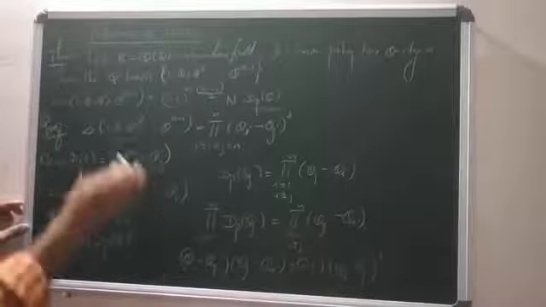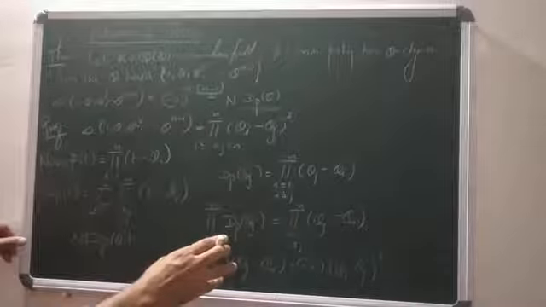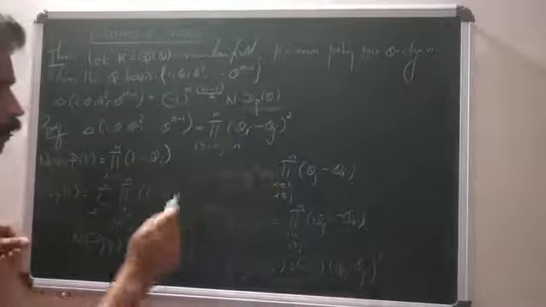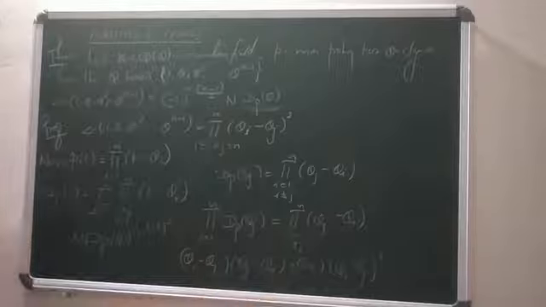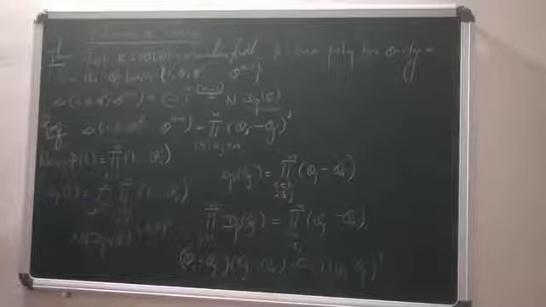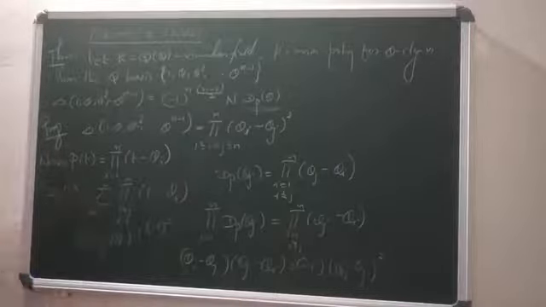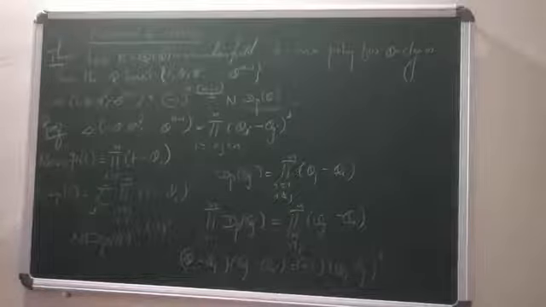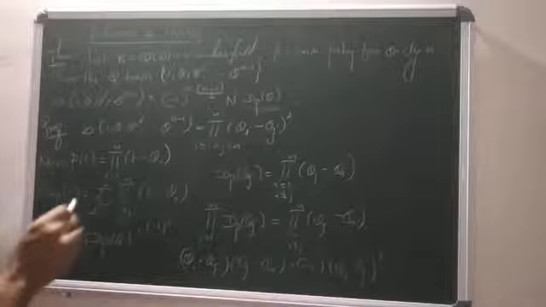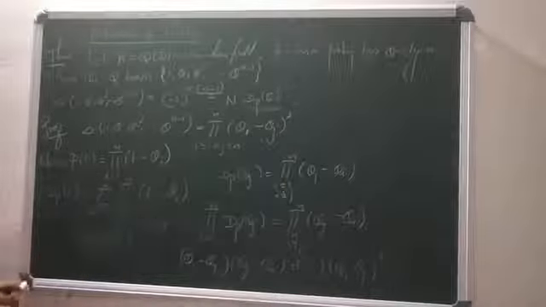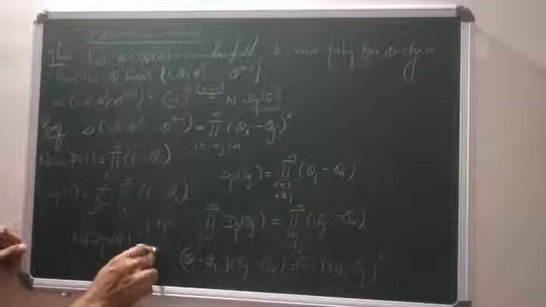Agreed? So on multiplying the right side, we get delta multiplied by minus 1 to the power s. What is s? Let s be the number of ordered pairs i and j, given by s equals n(n minus 1)/2.